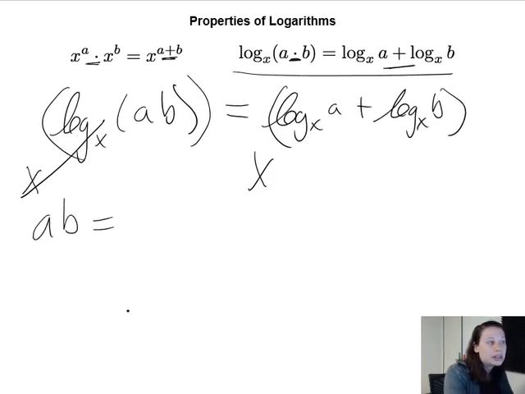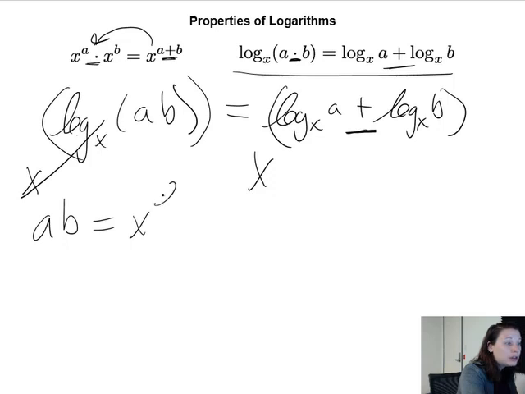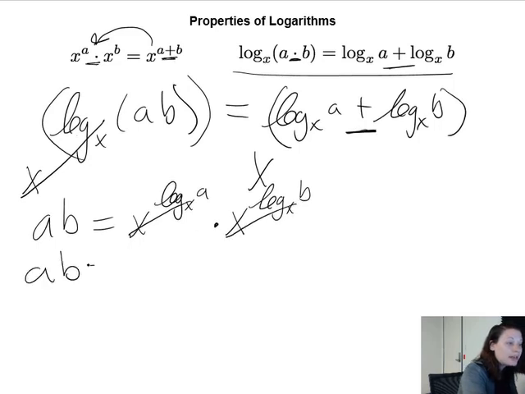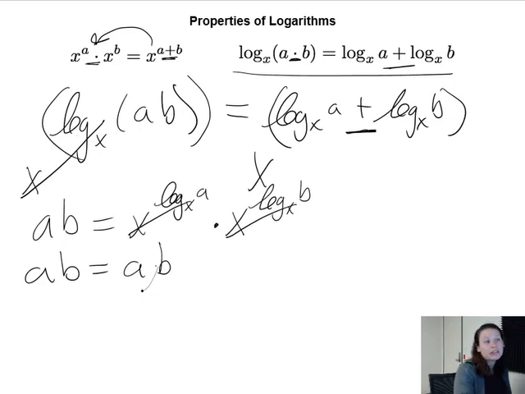Now what can we do with this? We know that addition within the exponent can be broken up into two separate exponentials, right? So that means we have x to the log base x of A times x to the log base x of B, right? Well, now these will cancel. So that means we have AB equals A times B. Well, that's the same thing, right?